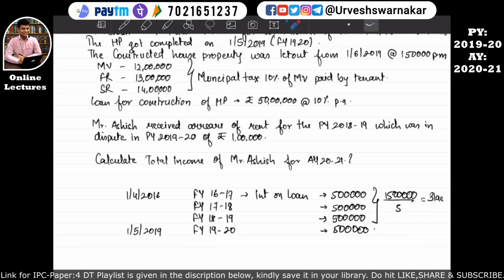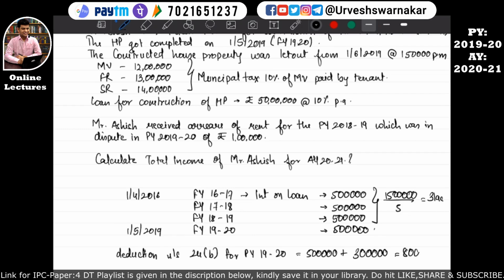I hope this is quite clear to you all. So in all, the deduction available under section 24 subsection B for the previous year 1920 is equal to 5 lakhs plus 3 lakhs, which is equal to 8 lakhs.